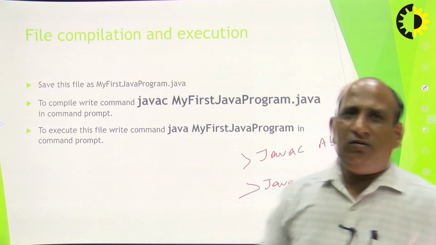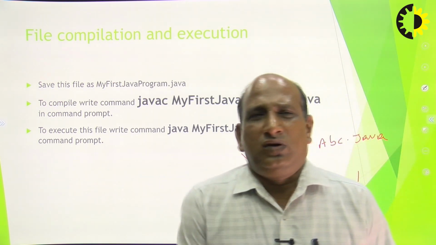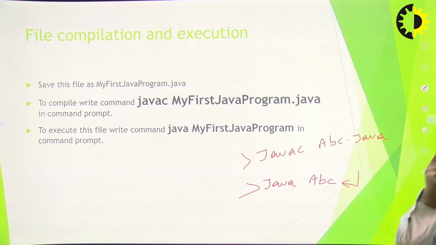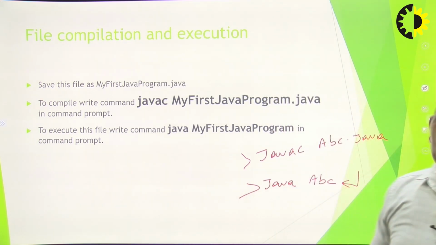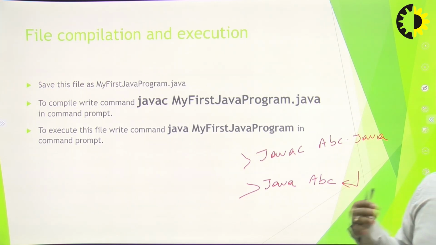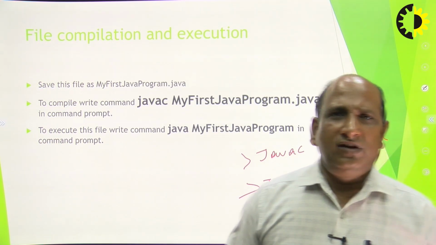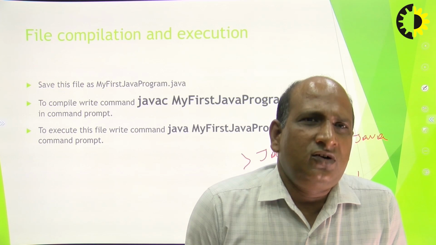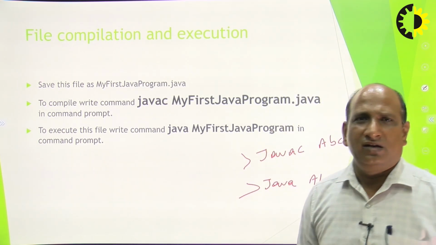So to understand it and not create any confusion, we should name our file with the name of the class that has the main function. It can be different, but then compile with that file name, and to execute just write the name of the class that contains the main method.